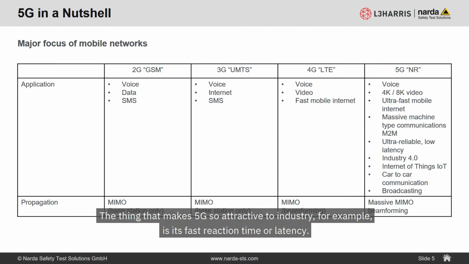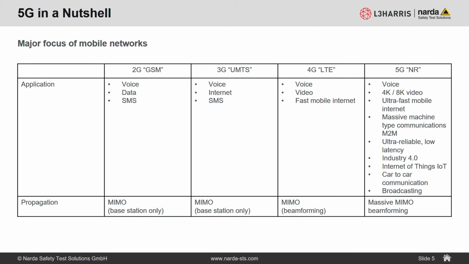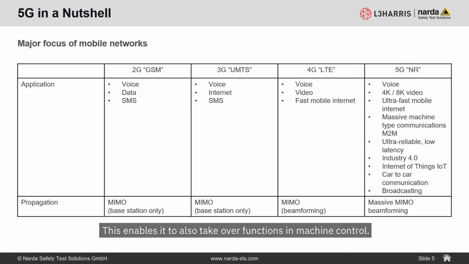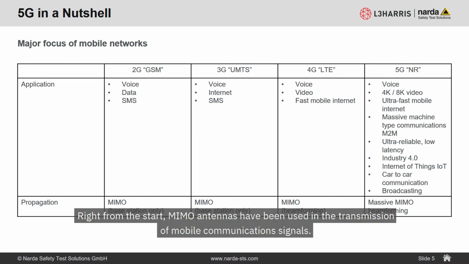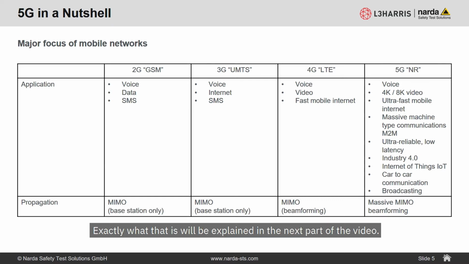The thing that makes 5G so attractive to industry, for example, is a fast reaction time or latency. This enables it to also take over functions in machine control. Right from the start, MIMO antennas have been used in the transmission of mobile communication signals. Exactly what that is will be explained in the next part of the video.